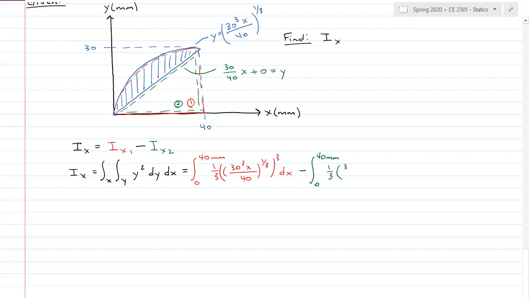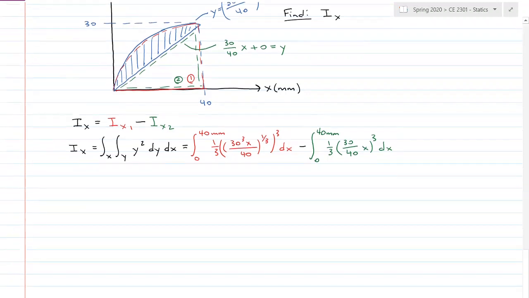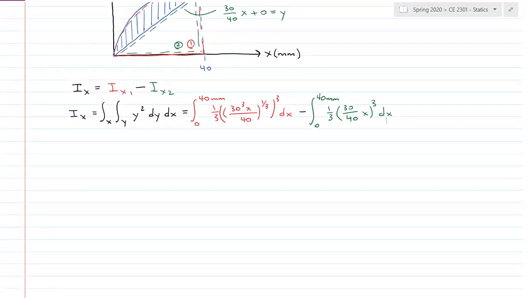So this is 30 over 40 x cubed dx. All right, keeping with my colors, where red is the curve shape as it goes from 0 to 40 along the x-axis. Green is the triangular void that we are subtracting out that goes from 0 to 40 along the x-axis.